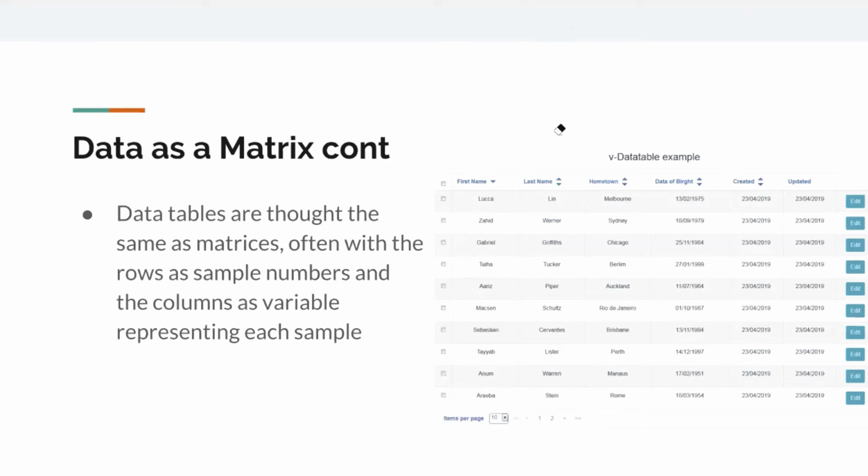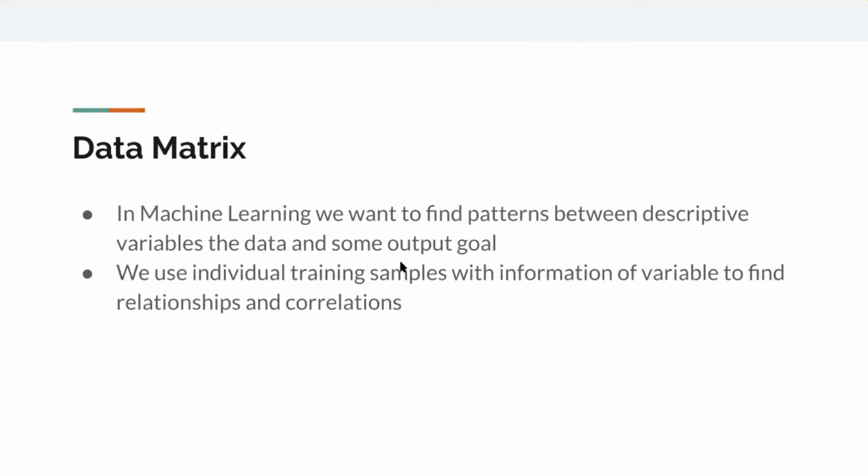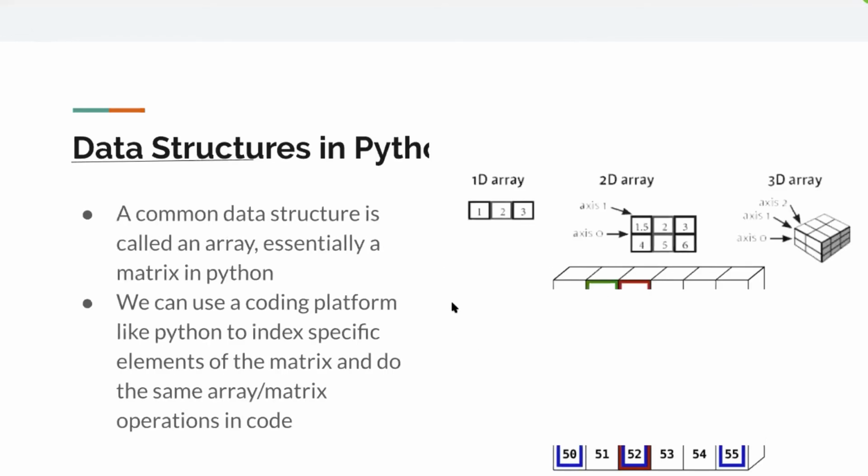Does that make sense? This is a way you can represent information inside of a matrix, so a data matrix. Essentially we want to find patterns between descriptive variables in the data and some output goal. Often we use the rows, or the individual training samples, and their variables to find relationships and correlations. That's how all this ties into machine learning.